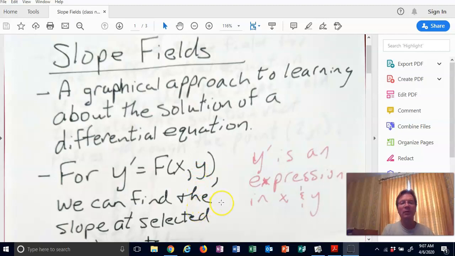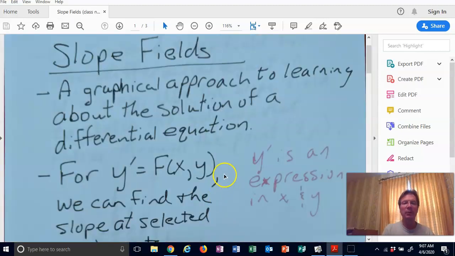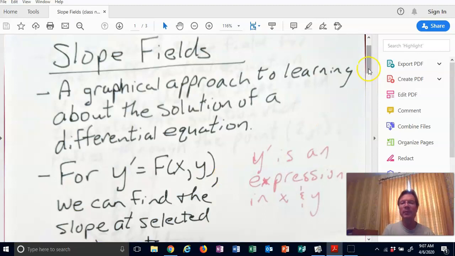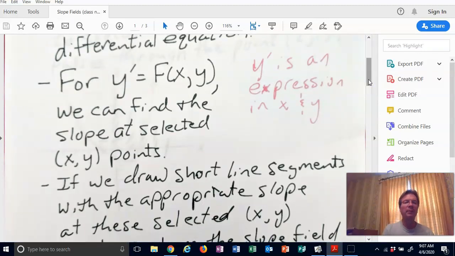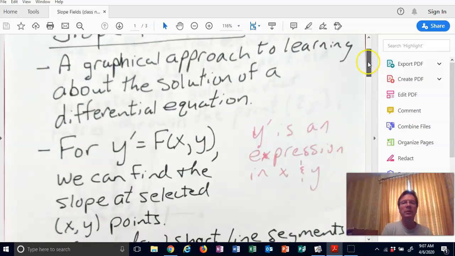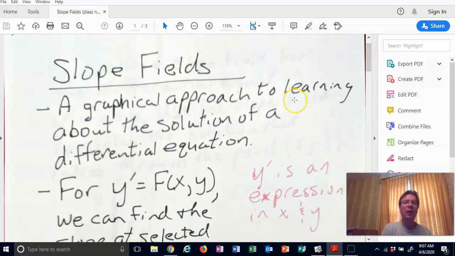we can find the slope at certain points. Okay, so x and y values determine points in a coordinate plane, and we know that the slope is related to x's and y's. So what we'll be able to do is get a graphical way of looking at a solution to a differential equation problem if it's first order.